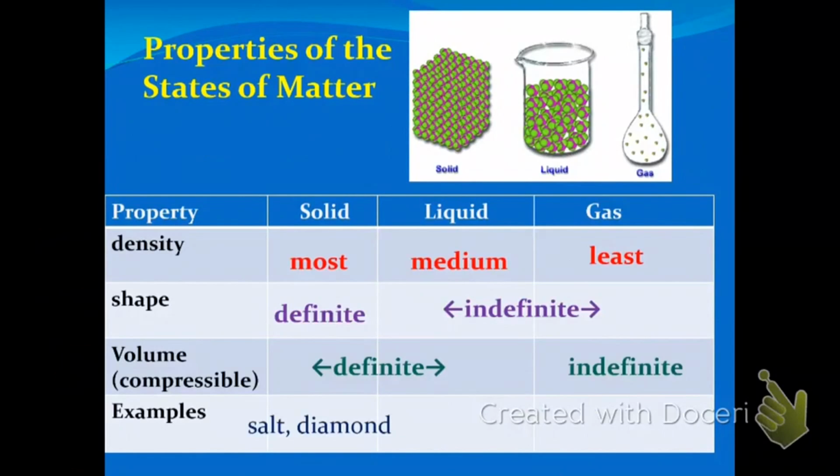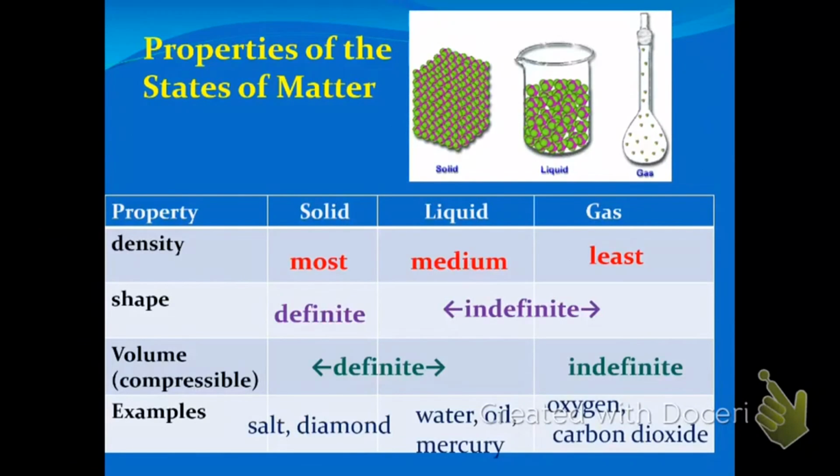Some real quick examples: salt and diamond are examples of solids, especially good crystalline solids. Other solids are the computer you're looking at, the desk you're sitting on, things like that. Liquids: water, soda, oil, any type of oil. Mercury is one of the only elements that's a liquid.